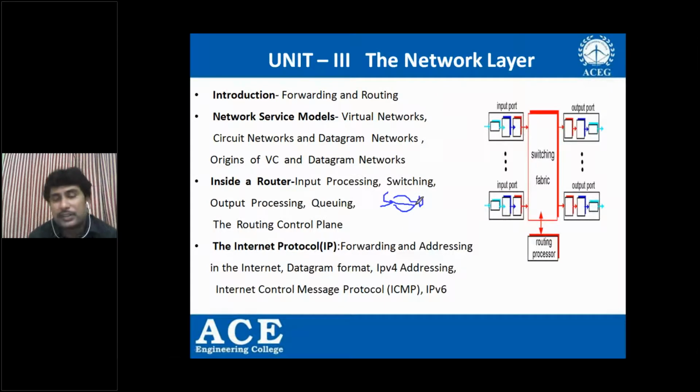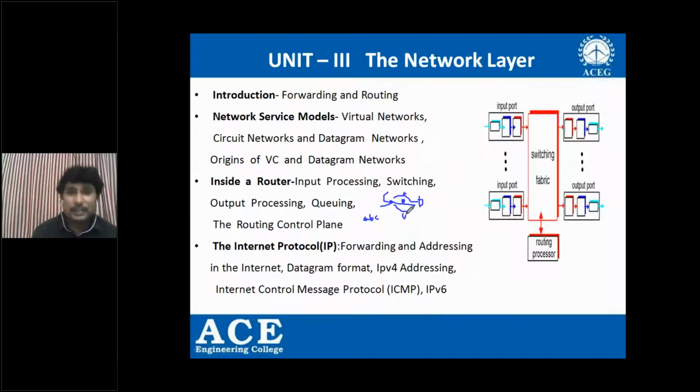Now here what happens is the total data to be transmitted will be divided into smaller units called datagrams, and different datagrams are going to choose different paths. For instance, my total data is divided into smaller units called A, B, and C, and packet A transmits through path 1, packet B travels through path 2, and packet C travels through path 3.